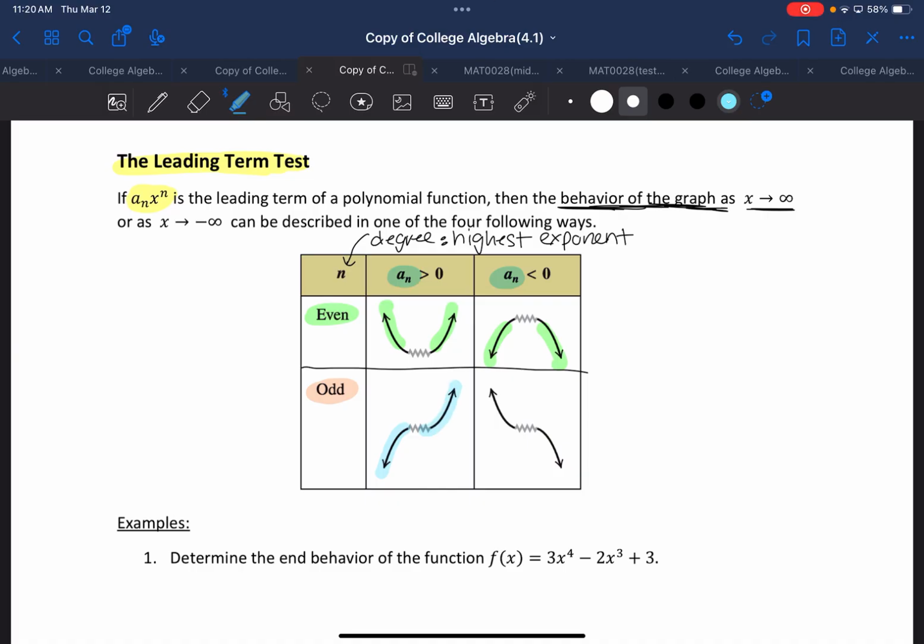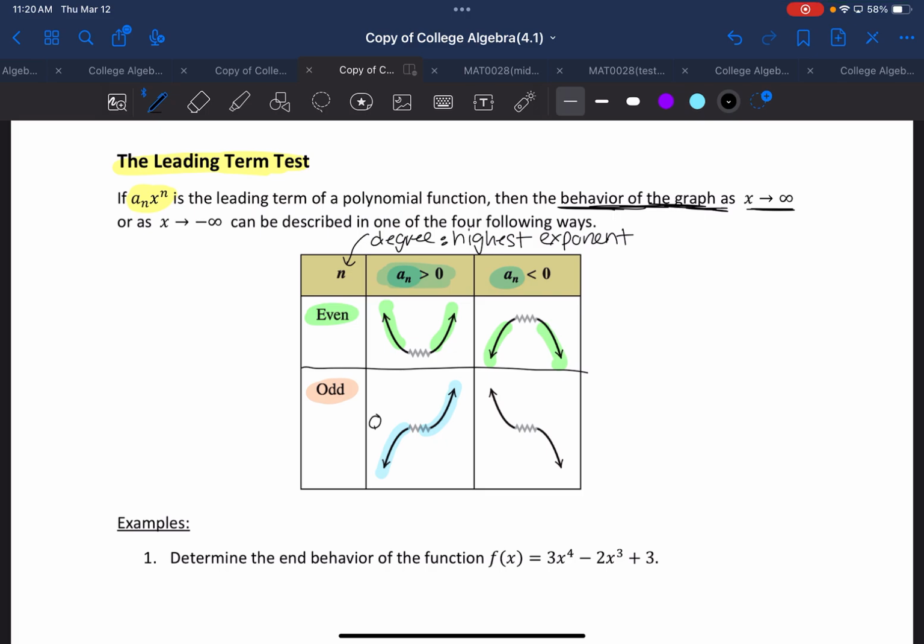If my leading coefficient is positive and the degree is odd, then my end behavior will be going in different directions, but it'll always be increasing from left to right.